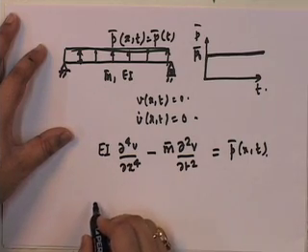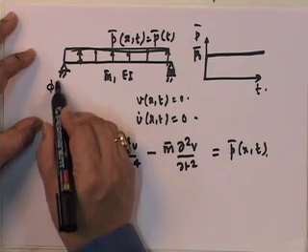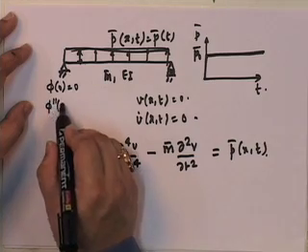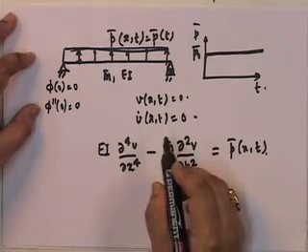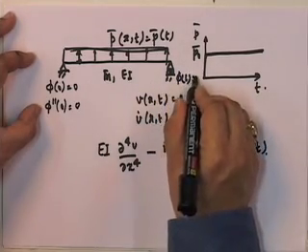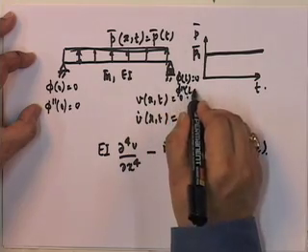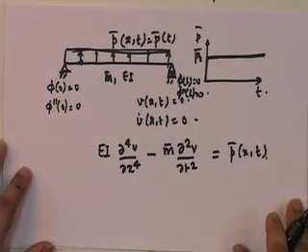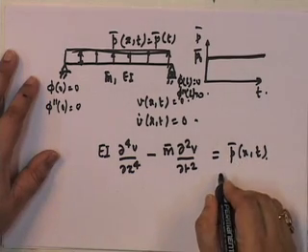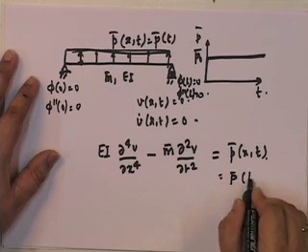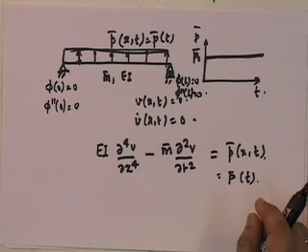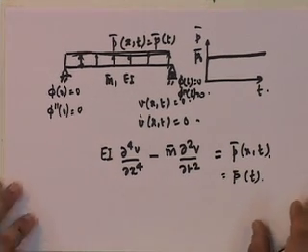Since it's a simple beam, the boundary conditions are phi 0 is equal to 0, phi double prime 0 is equal to 0. Why? Because moment is 0 here. Similarly, phi L is equal to 0, phi double prime L is equal to 0. So we've written down the equations of motion, and P bar x of t is nothing but P bar of t. So it is not a function of x. Okay.